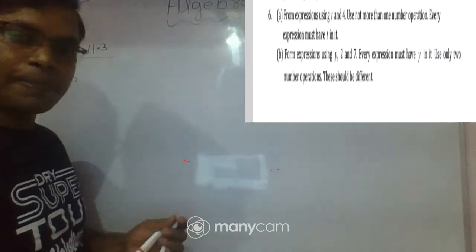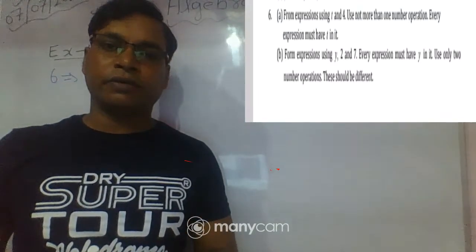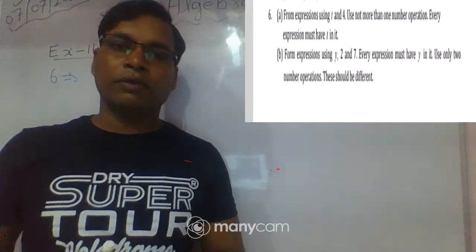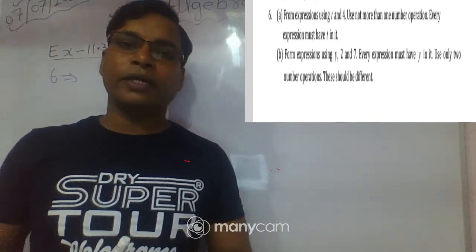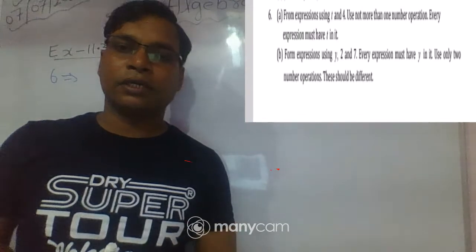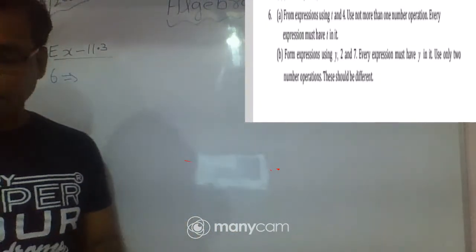What is part B? Here, given y, 2, and 7. We form expressions using y, 2, and 7. In each case y must be in it. So let's see.